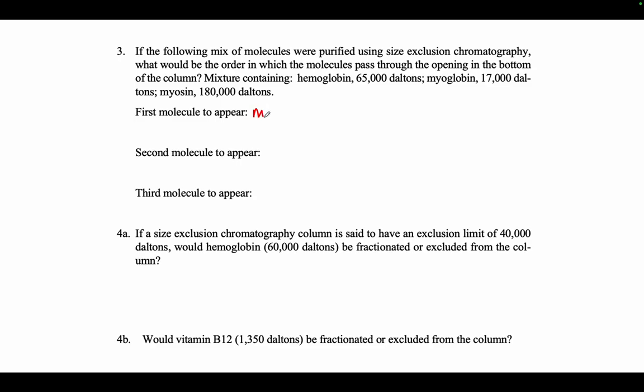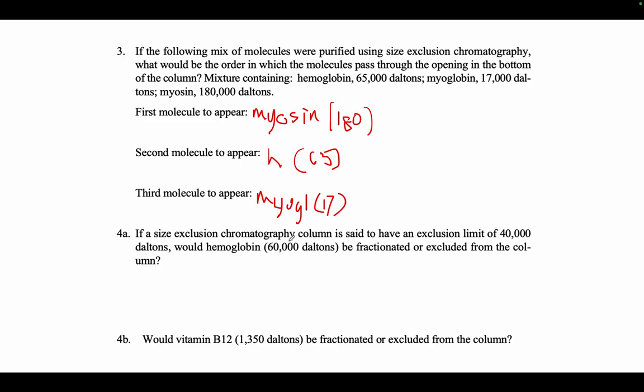That is myosin, because it is 180 kDa. The second molecule will be hemoglobin, which is 65 kDa. And the third molecule will be myoglobin, which is 17 kilodaltons, just in decreasing order of size.